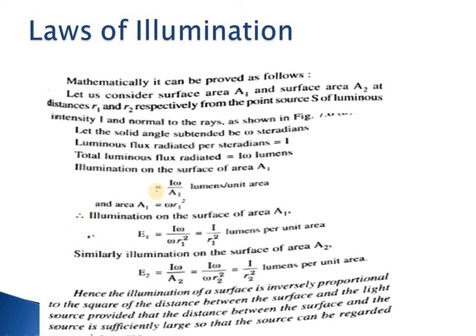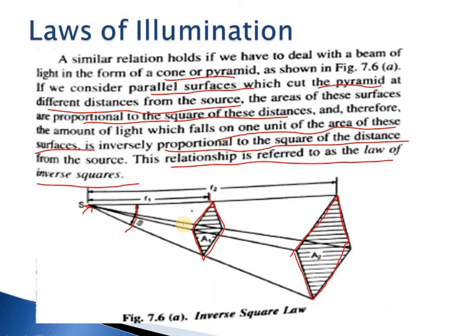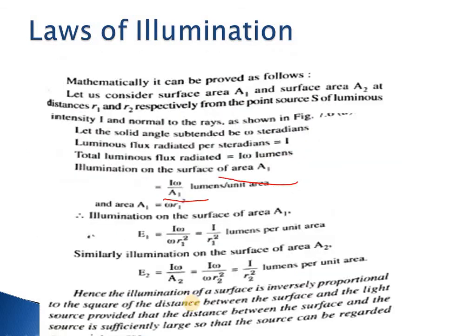Now the illumination on the surface area A1 will be I omega by A1.